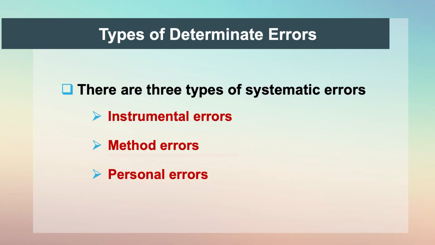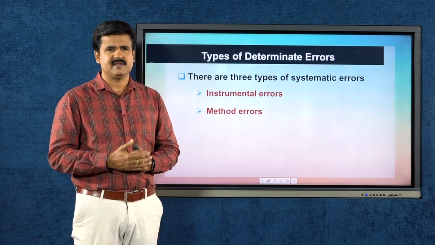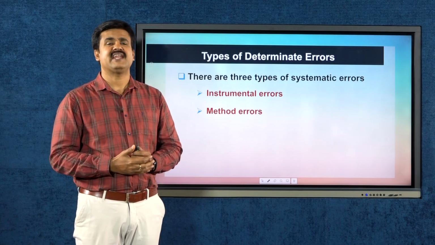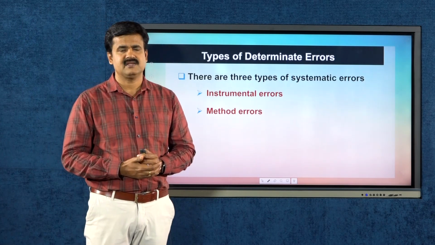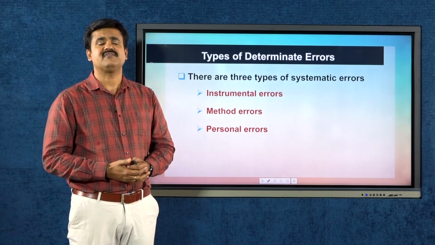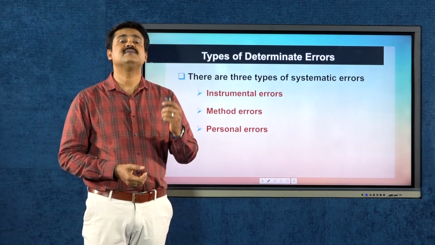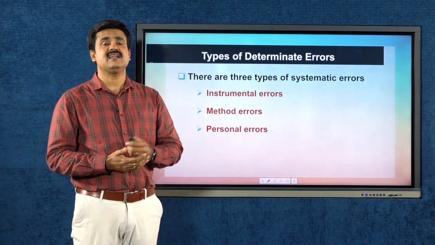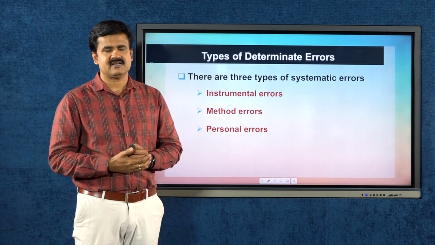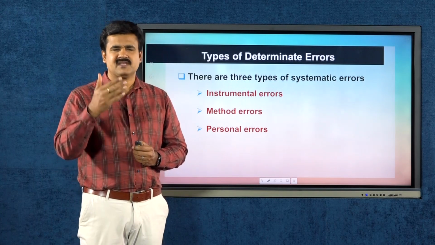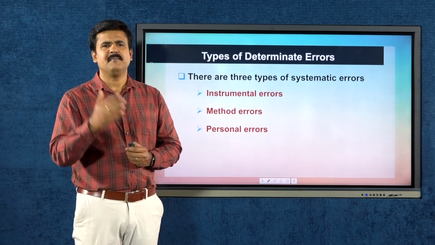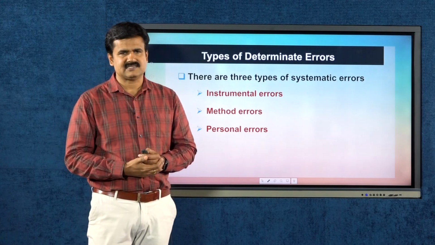The second category is method error, otherwise called error due to method. If you are following a non-trustworthy method for analysis, it may lead to the generation of method errors. And the last category of determinate error is the personal error. The personal error is a human error, that is, mispractice under certain conditions may lead to personal errors.